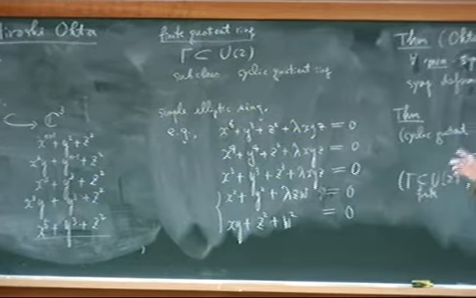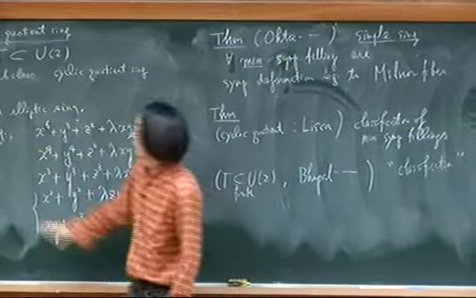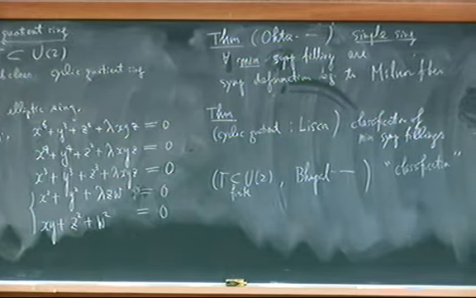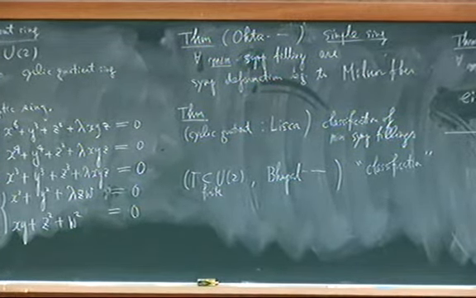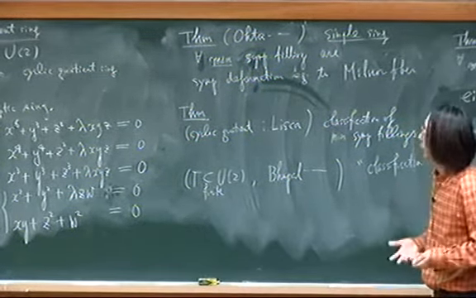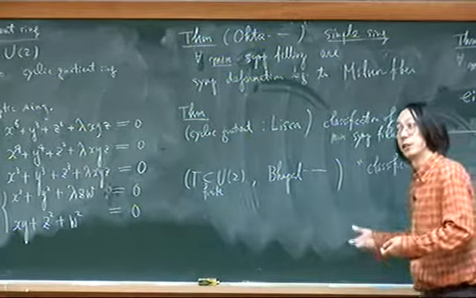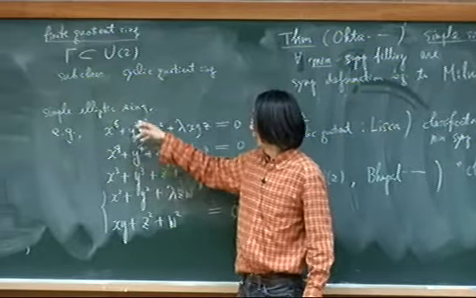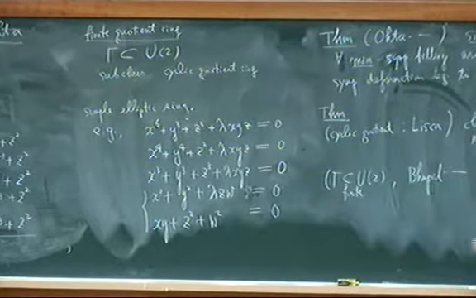But if we consider the next one, 2, 3, 7, then 2, 3, 7 is no longer in this list. So we want to understand what it is. So far I cannot say precisely what the possible symplectic fillings are for the singularity x to the 7th plus y cubed plus z squared equals 0. But still we have something.